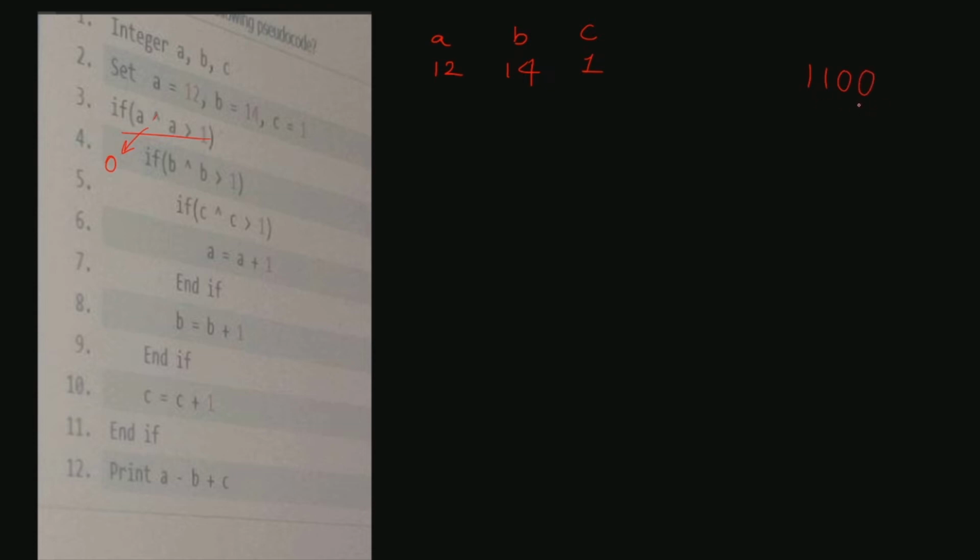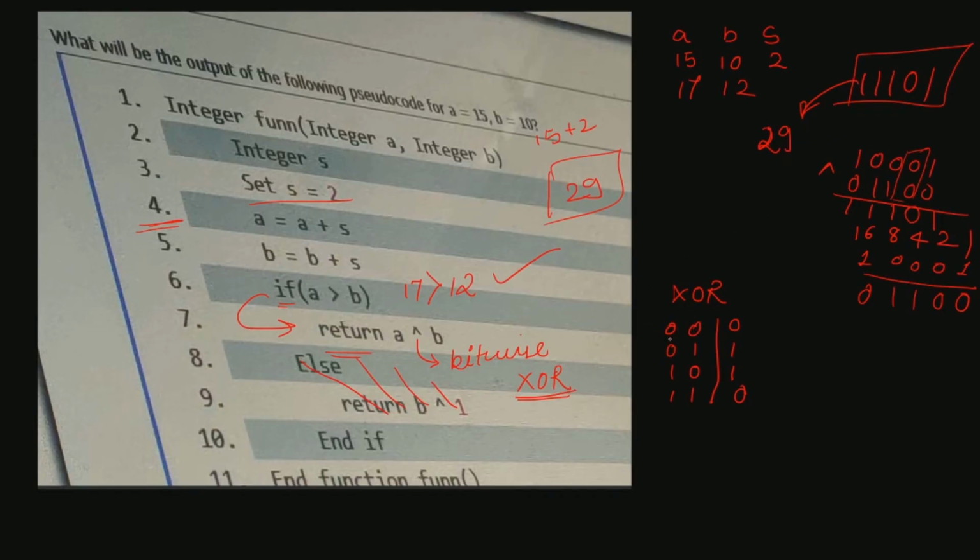I just showed how in the previous slide. When we do the XOR with 12 and 12 itself, the answer will be 0, because as in the previous slide you can see that whenever there are same digits, the output will be 0.